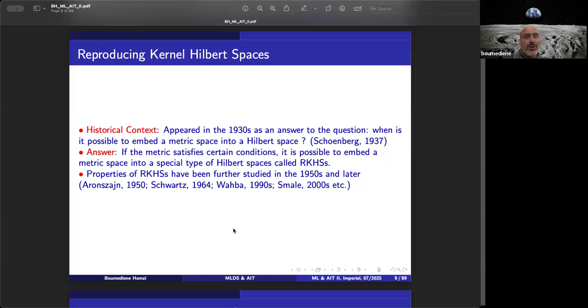There have been several studies of RKHS, especially in the 50s by Aronszajn, then Schwartz in the 60s. Then they died out a little bit, and then they were resurrected by Wahba in the 90s, and then Smale boosted them, and he gave them more solid mathematical foundations.